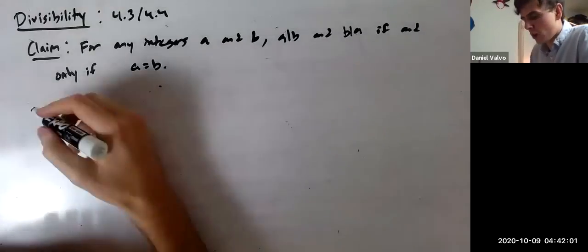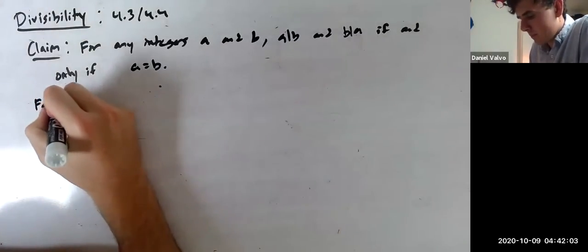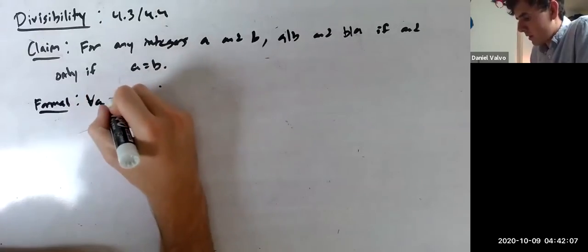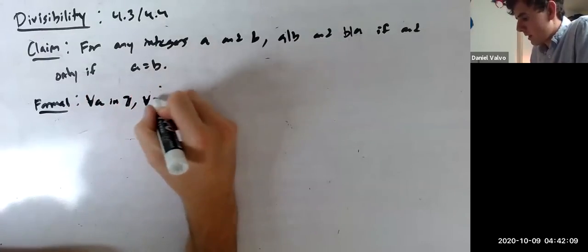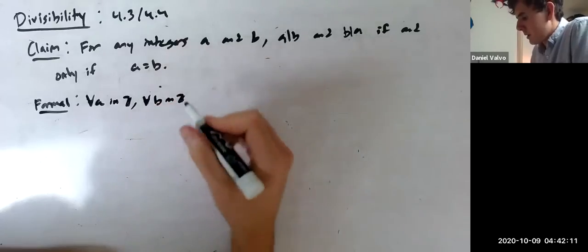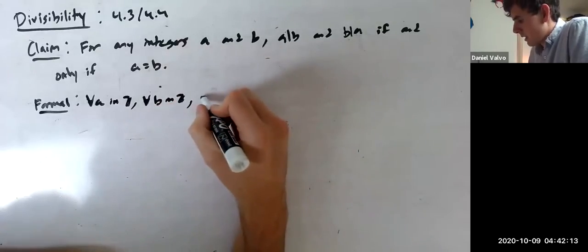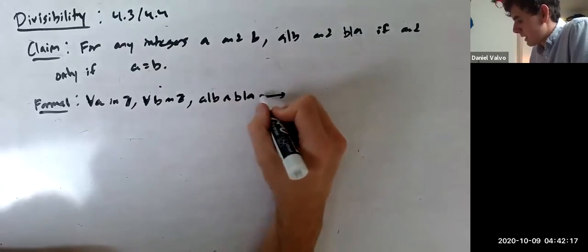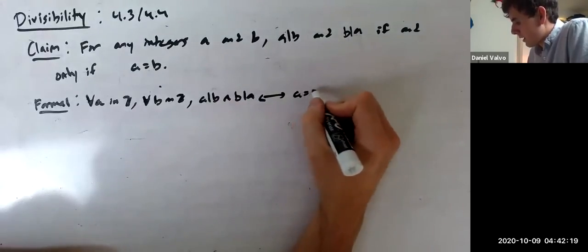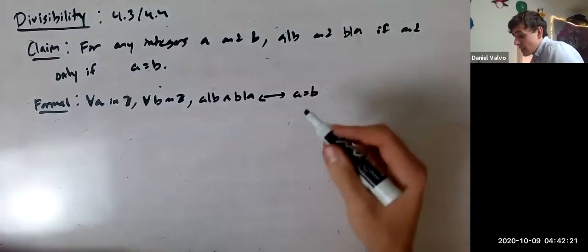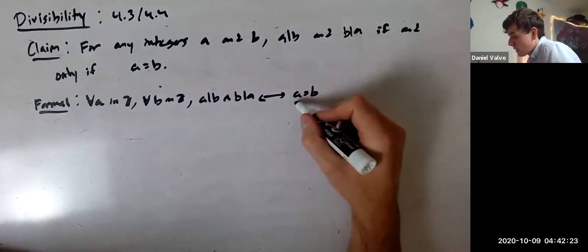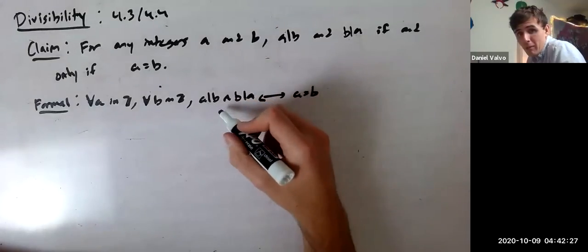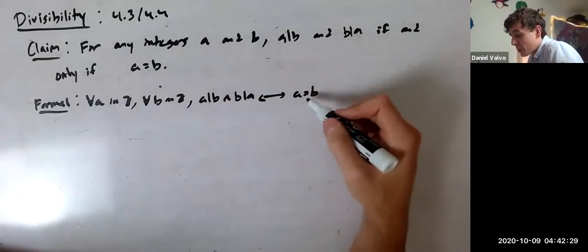And by the way, we should have written it formally, which says that for all A in Z, and for all B in Z, A divides B and B divides A if and only if A equals B. And so it actually is true that if A equals B, A will divide B and B divides A. We kind of talked about that a little bit, but it doesn't work the other way around.